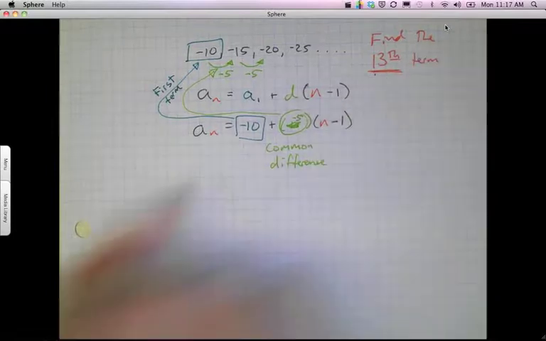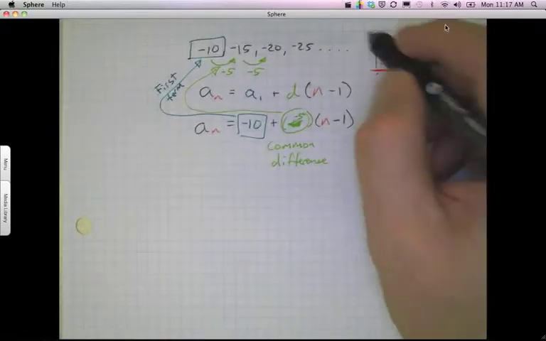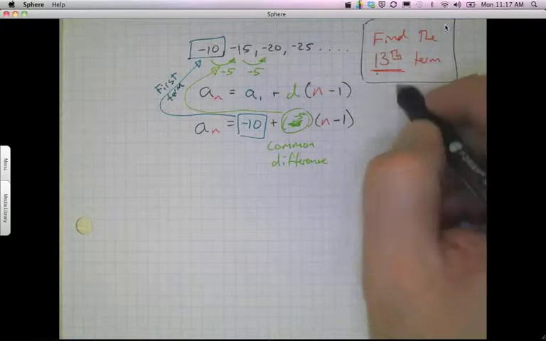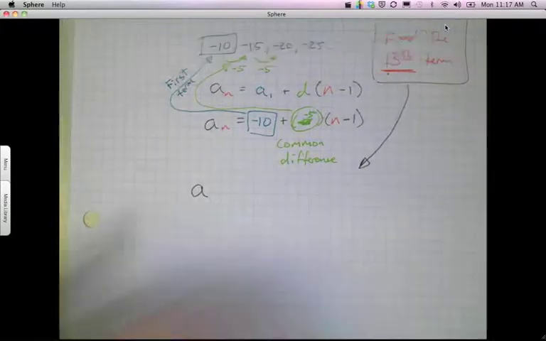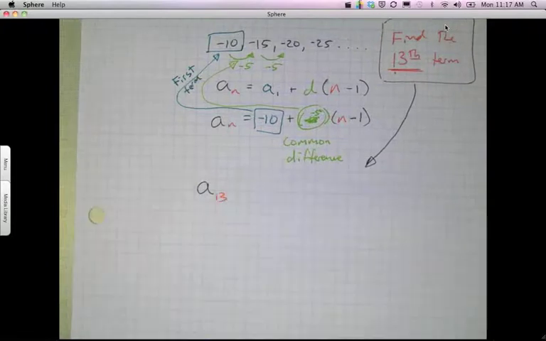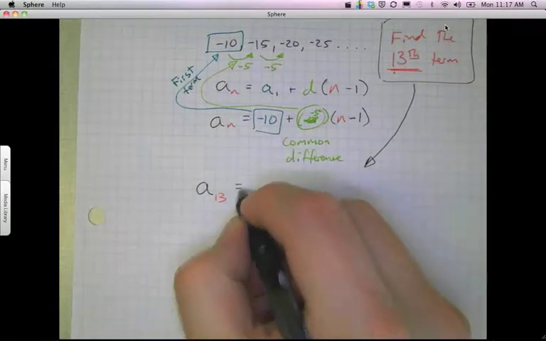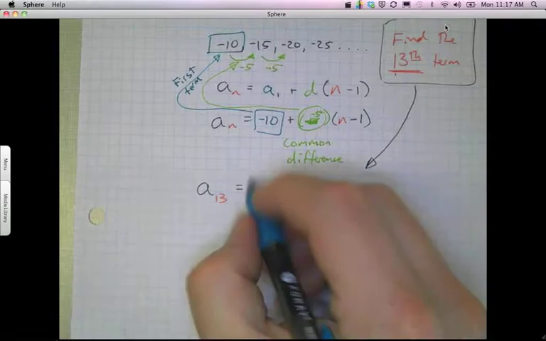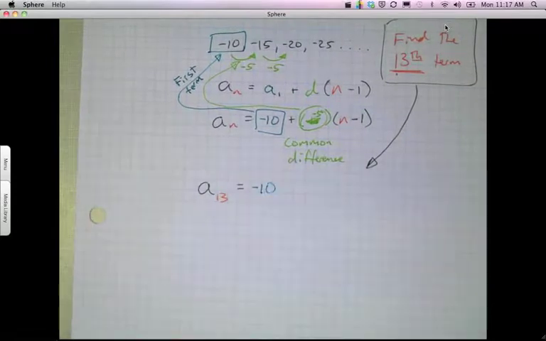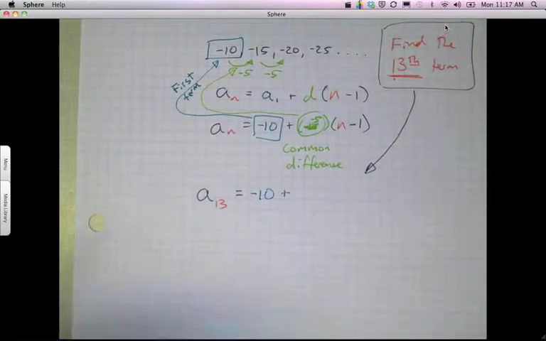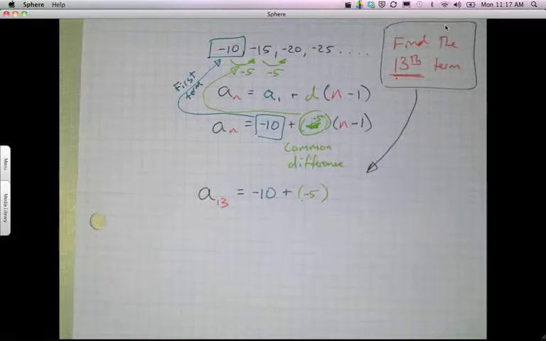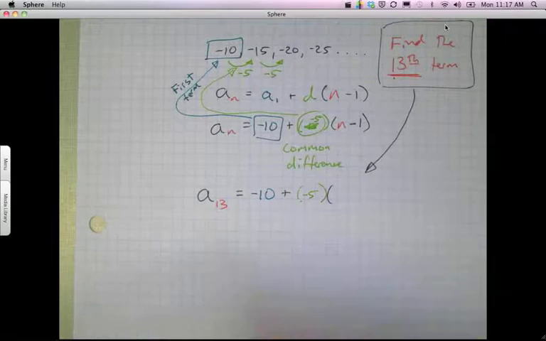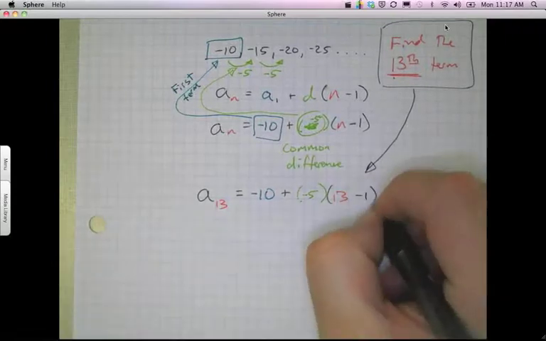So I'm going to write this new problem down below. That would look like this. A sub 13 is equal to negative 10 plus negative 5 times, for this problem, 13 minus 1.